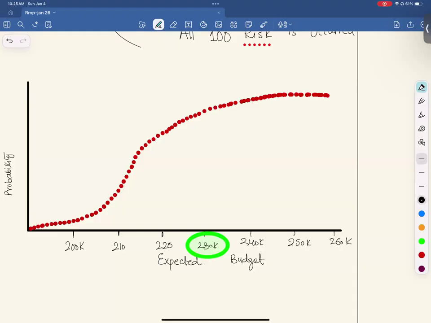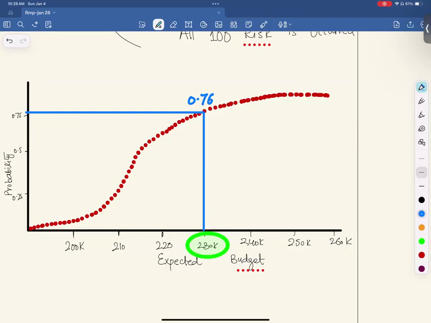On this side, we have probabilities. Let's say this is 0.5, 0.75, 0.25. Now, based on this, we can see that the probability of completing our project in 230 is 0.76.